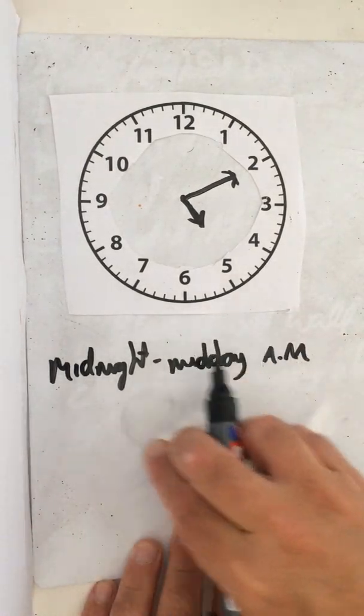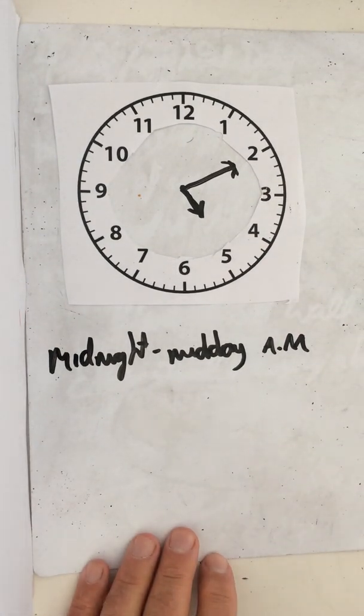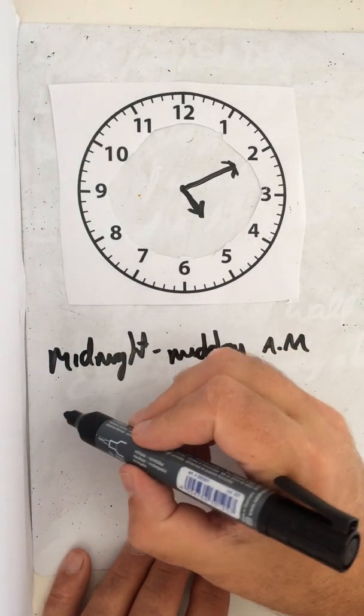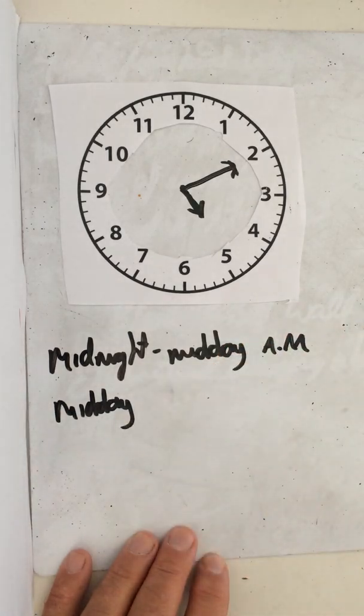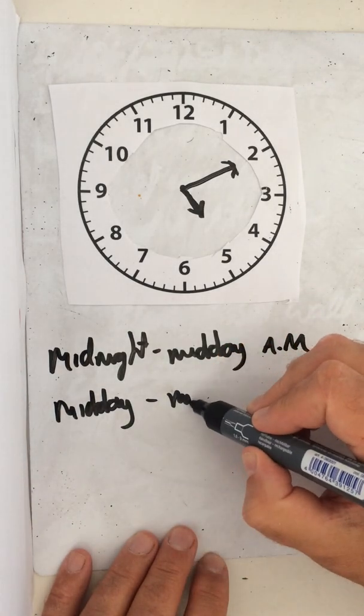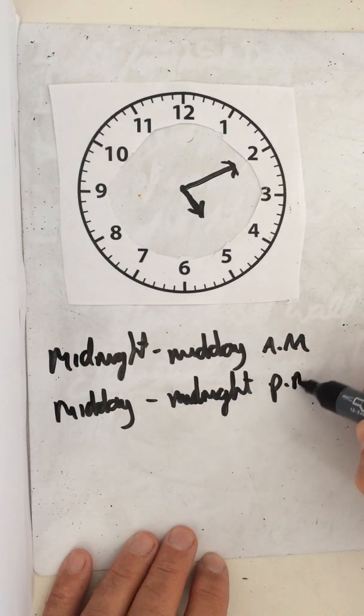If it is 5:10 in the afternoon, so you're just about to have your tea, that goes from midday to midnight, so it's in the afternoon and evening. That's our PM.